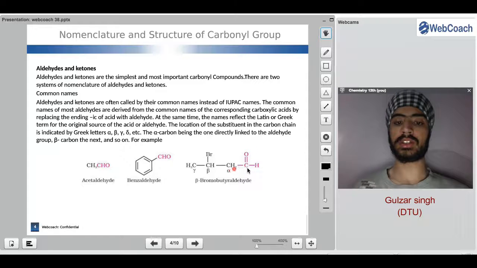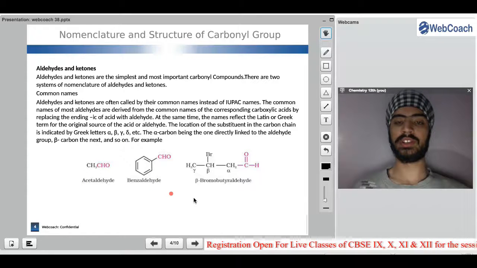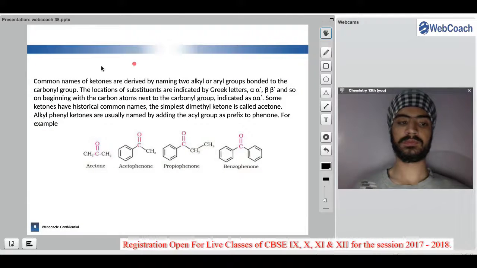So if this is the aldehydic group, the carbon attached to the aldehydic carbon is alpha, the second one is beta, and the next one is gamma. These are the examples: we have acetaldehyde, we have benzaldehyde.